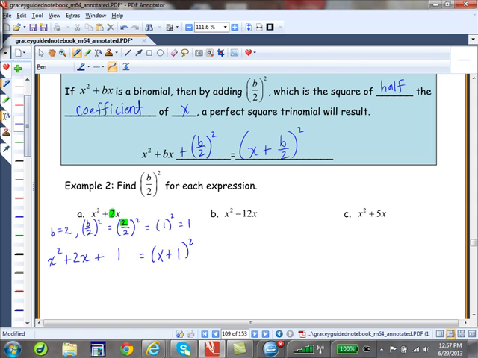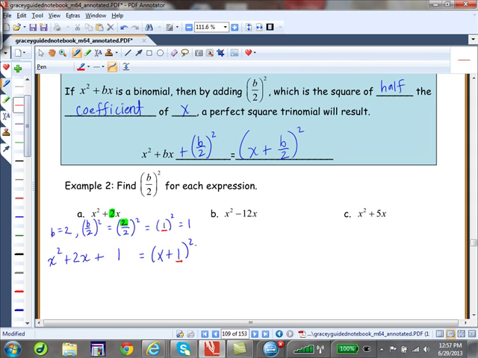So it's actually pretty cool. So once you have that b over 2 business figured out, so here our b over 2 ended up being the 1 right here. So you just put whatever is being squared in here to the binomial that's being squared.